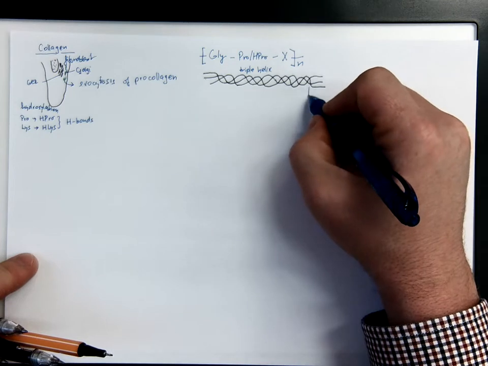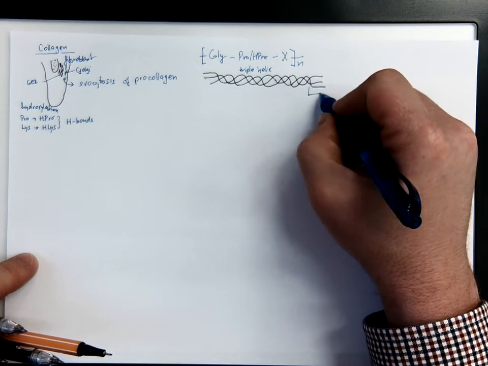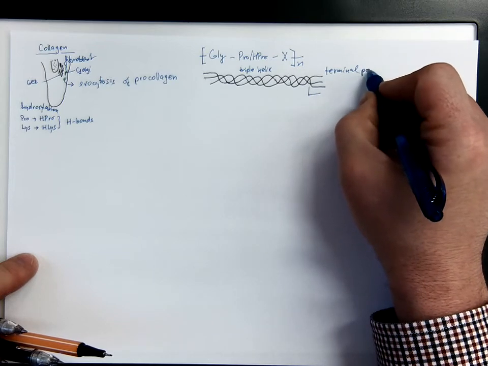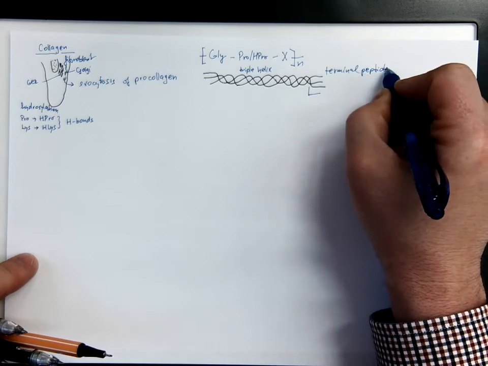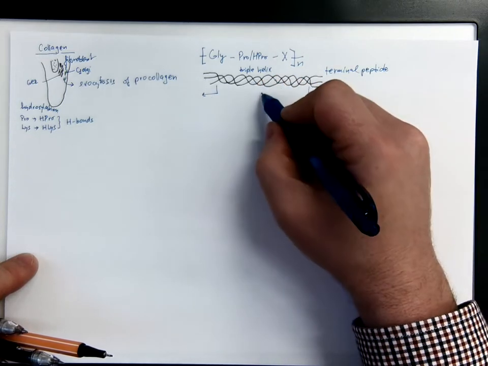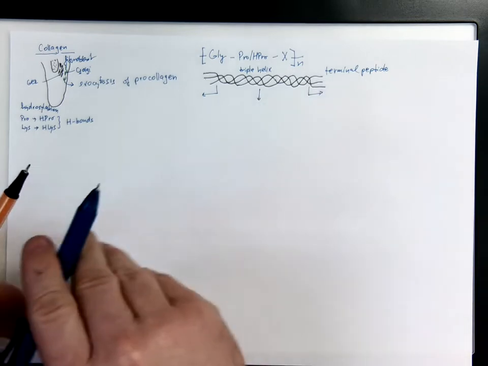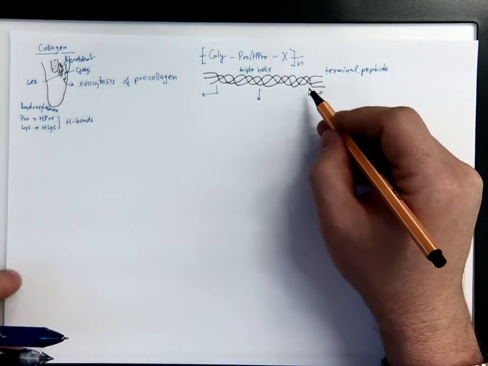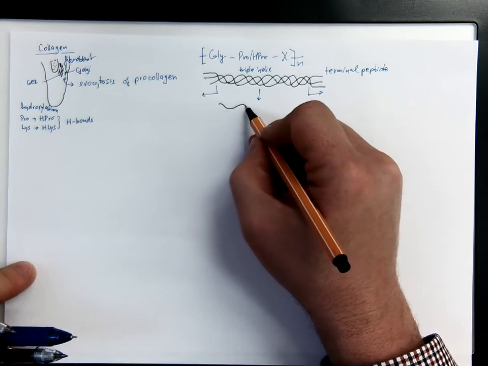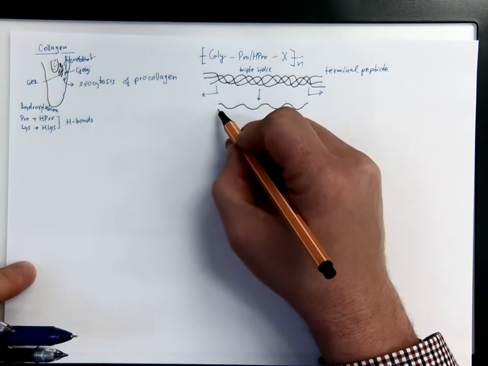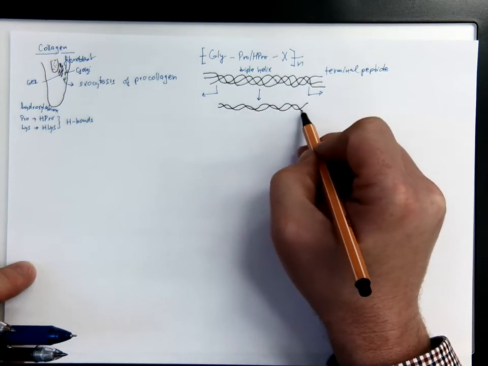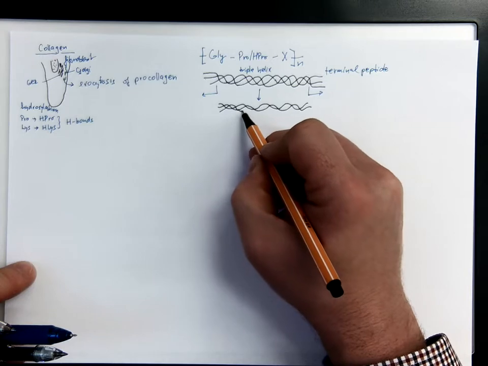On the ends, there are terminal peptides, which are removed, and in the next step you get just the triple helix without these end parts. So one protein chain, another one, and the third one.